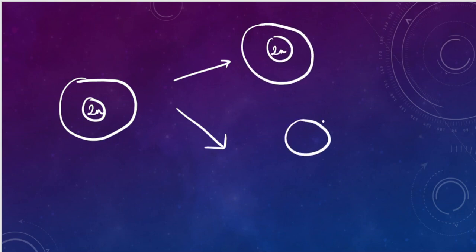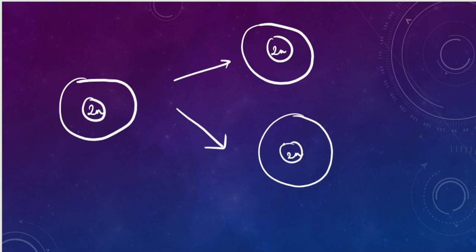So here you will get diploid and diploid. If you want to get the exact idea, then I will draw it using shapes. I will take it on another page.